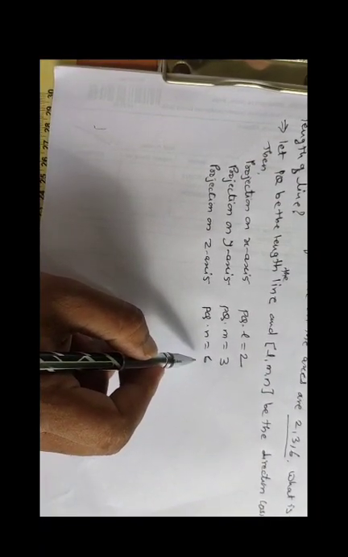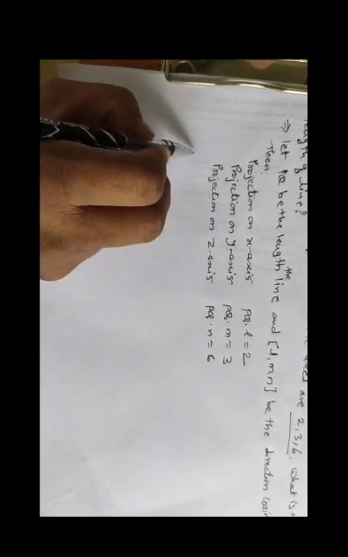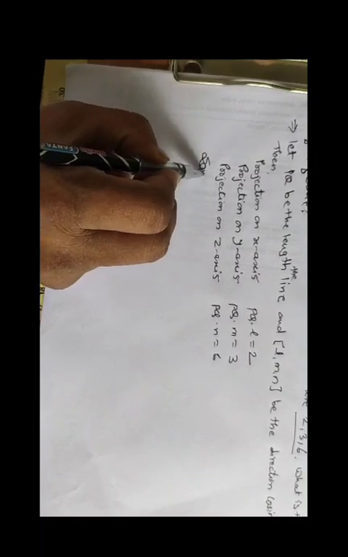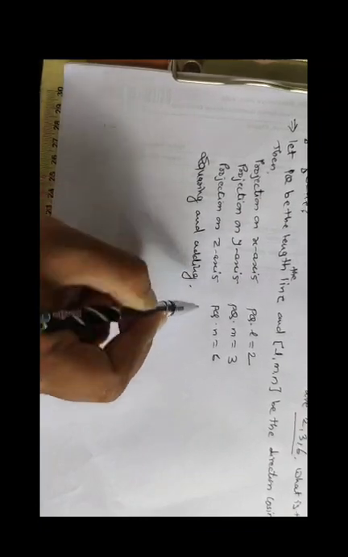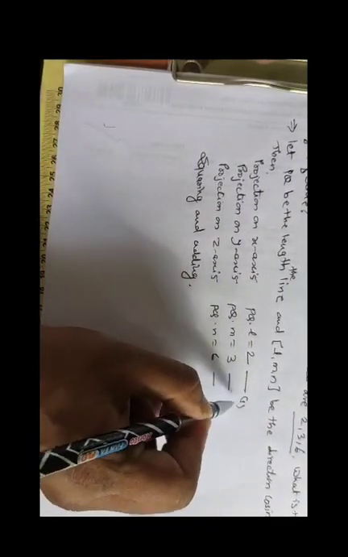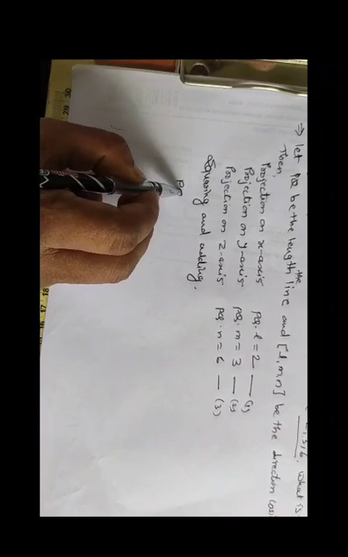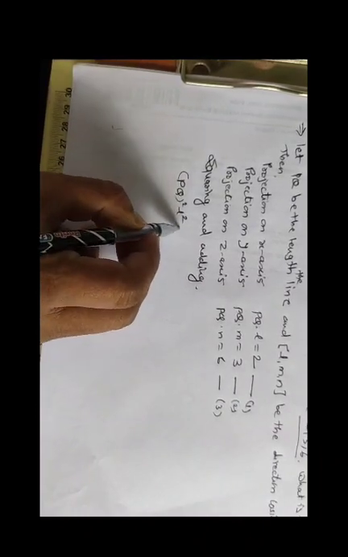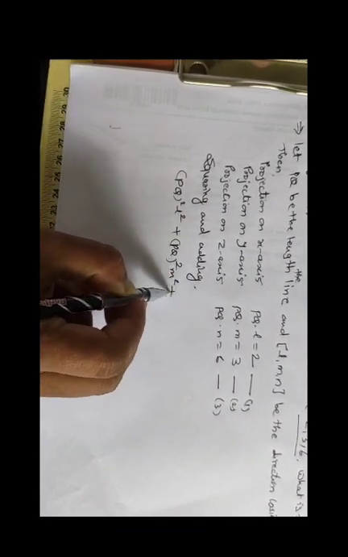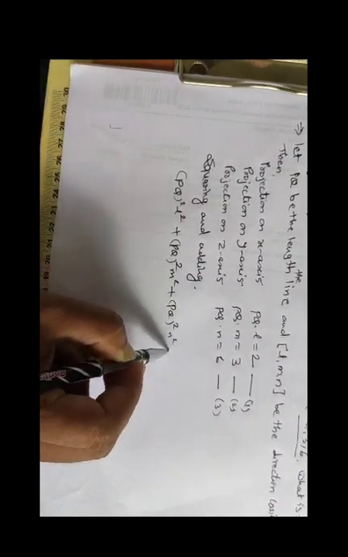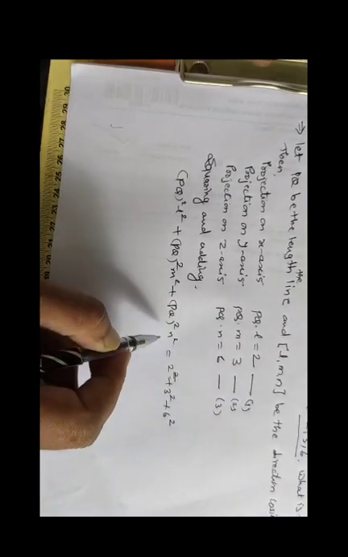So students, if we square and add both the left hand side and right hand side of all these three conditions, we get PQ square L square plus PQ square M square plus PQ square N square equal to 2 square plus 3 square plus 6 square.